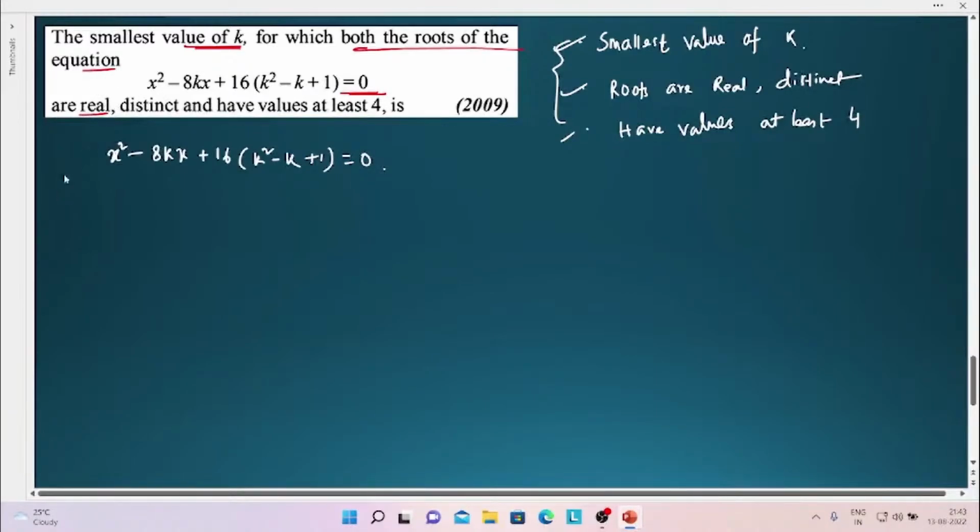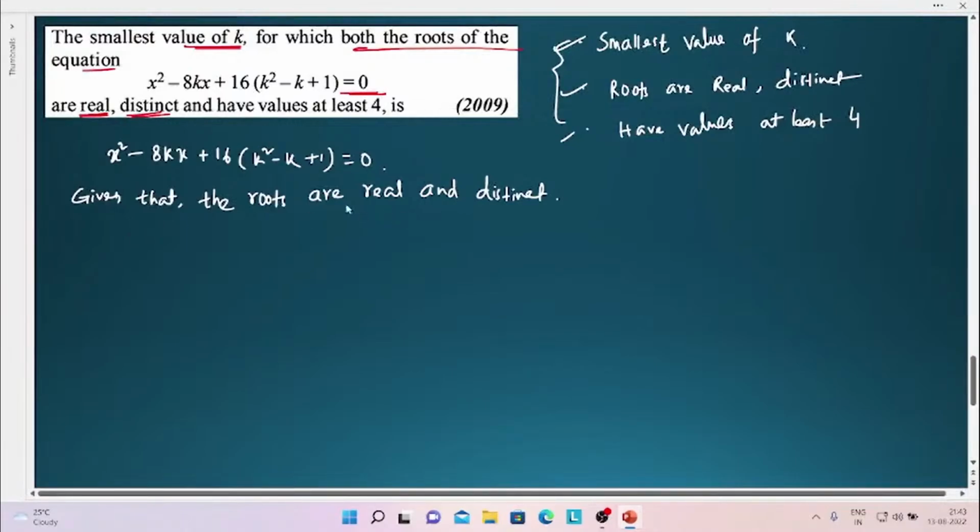So given that the roots are real and distinct, right? First of all, let me take these two important parts, which is real and distinct.